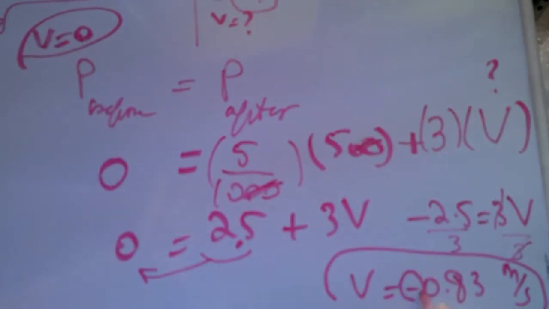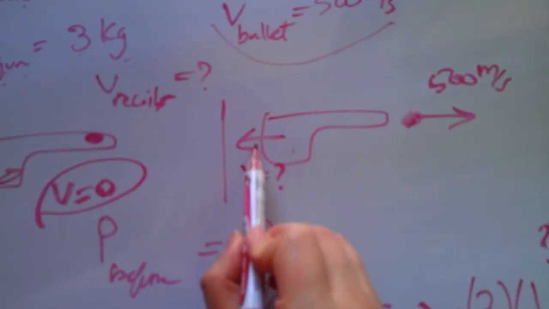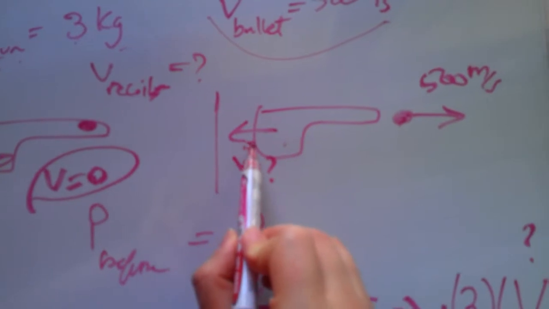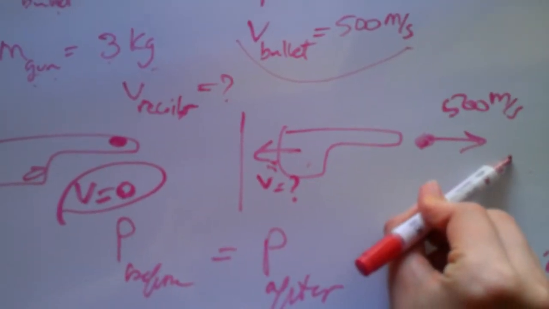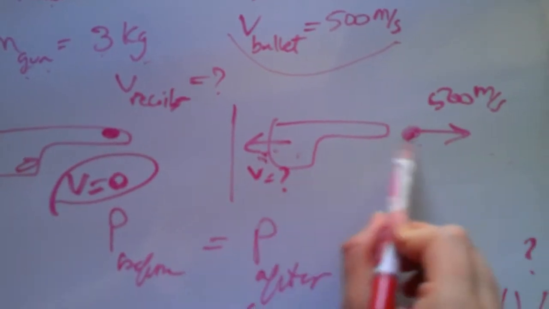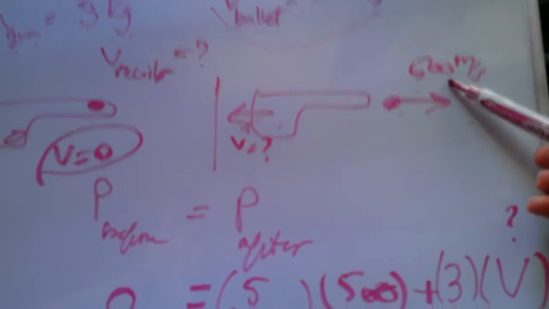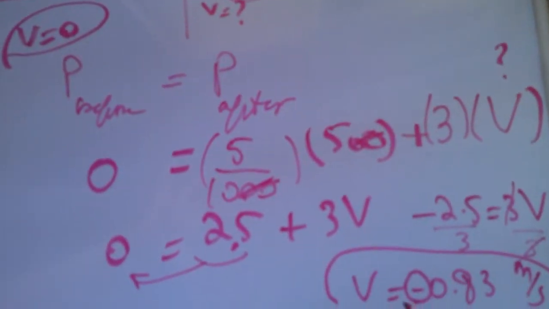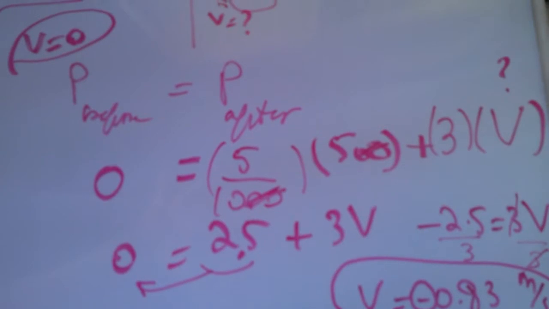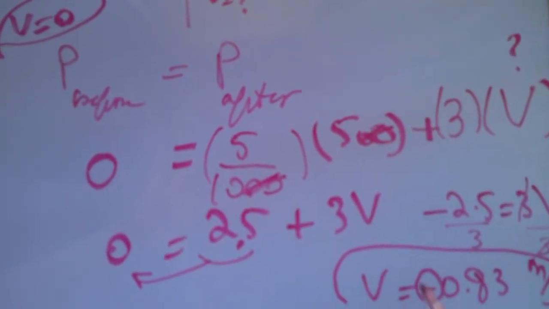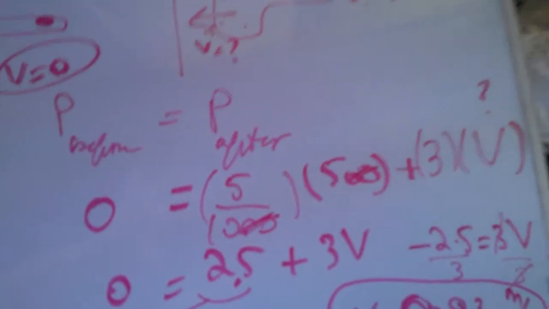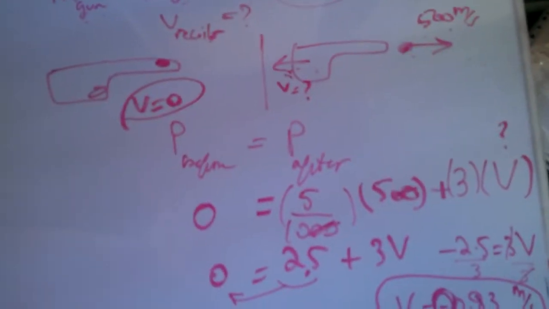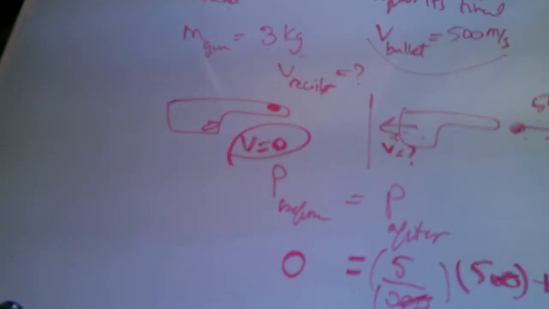This negative shows that the recoil velocity is in the opposite direction compared to the velocity of the bullet itself. See, the arrows are in opposite directions, and the bullet is plus 500 meters per second. So that's why it's a recoil speed.